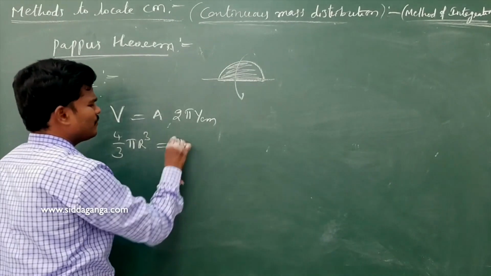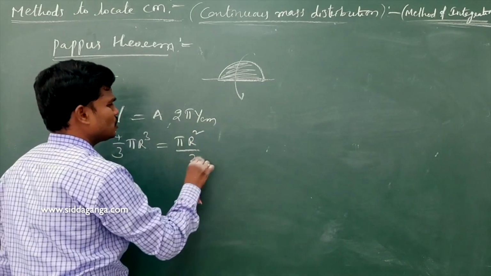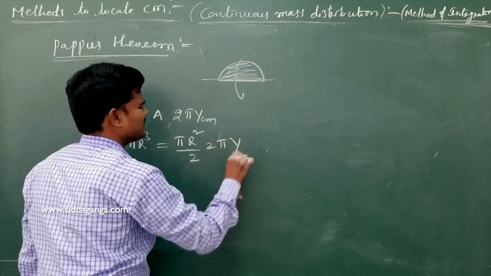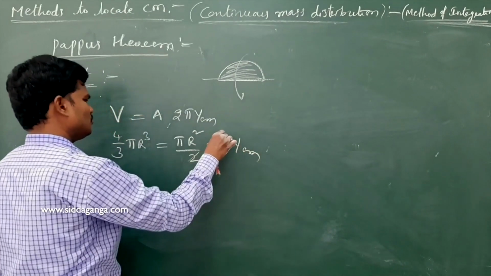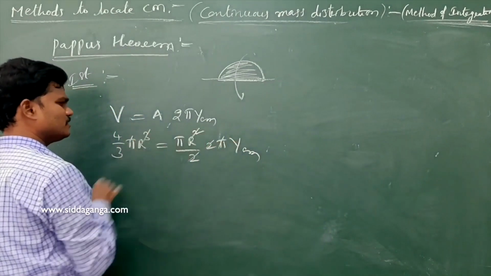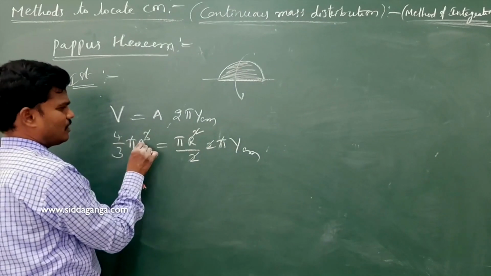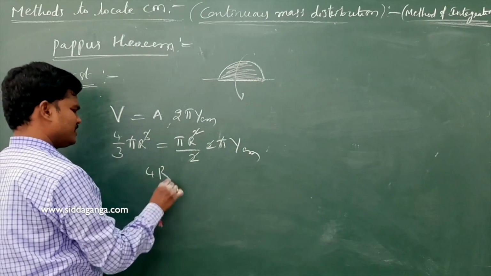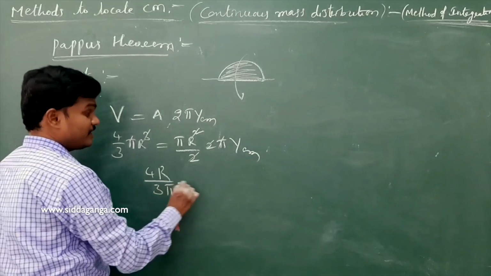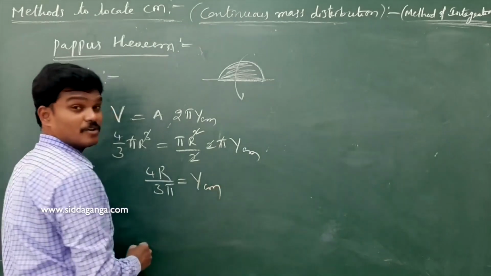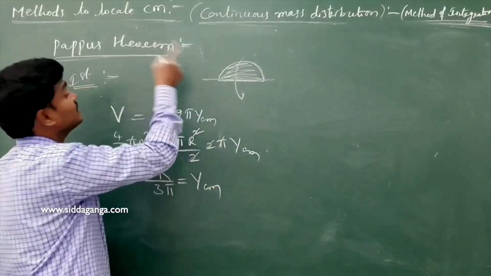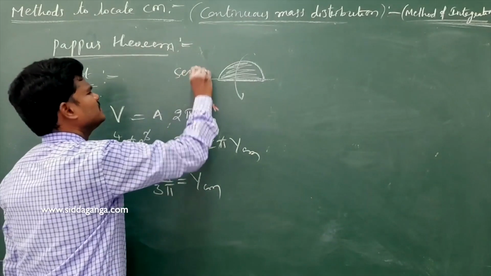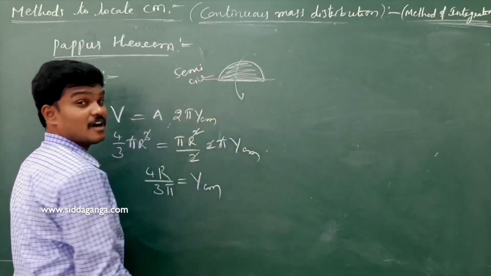Area of the half circle is pi r square by 2, into 2 pi y cm. So 4 r by 3 pi, which is equal to the y coordinate of the center of mass for a semicircular disk. So this is for the semicircular disk, the half disk.